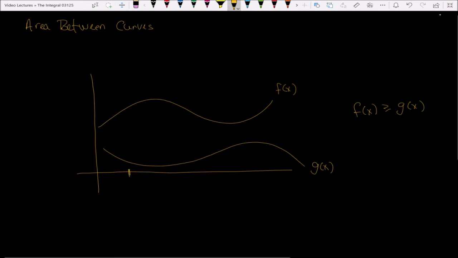Let's say this is A, this is B, and we want to find the area between f and g over the interval a to b. So we're looking for this area in here.